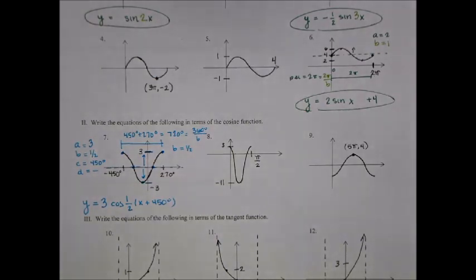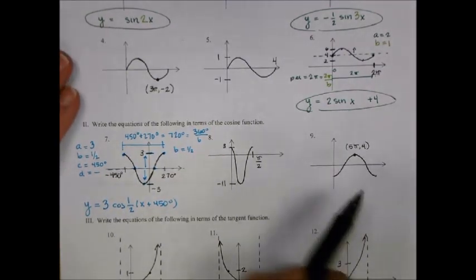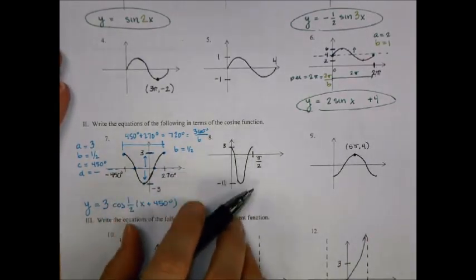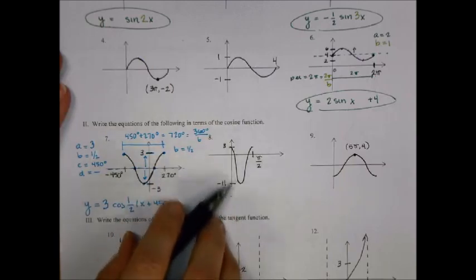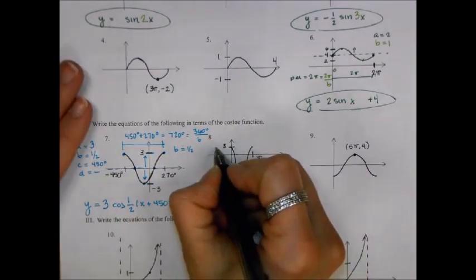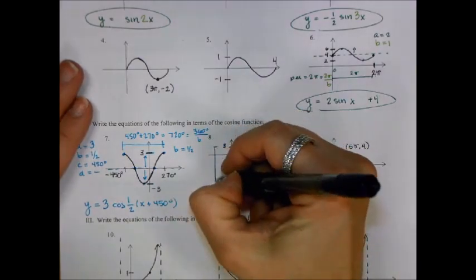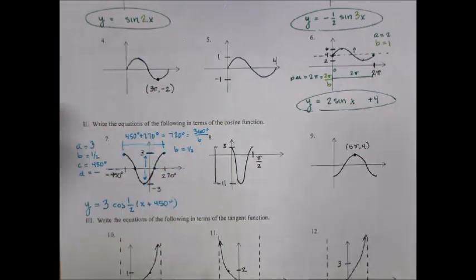So this one's also a positive cosine graph, but it's been moved down. You can see it's not equally splitting the x-axis on top and on the bottom anymore. So 3 to -11 is the total height. So that's a total distance of 14.